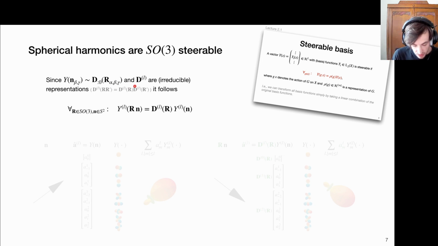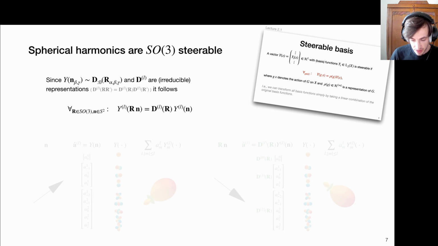And since all these columns transform independently from one another with one and the same rotation matrix, we directly obtain that the rotation of these spherical harmonics is simply obtained by multiplying this spherical harmonic vector with the corresponding Wigner-D matrix.